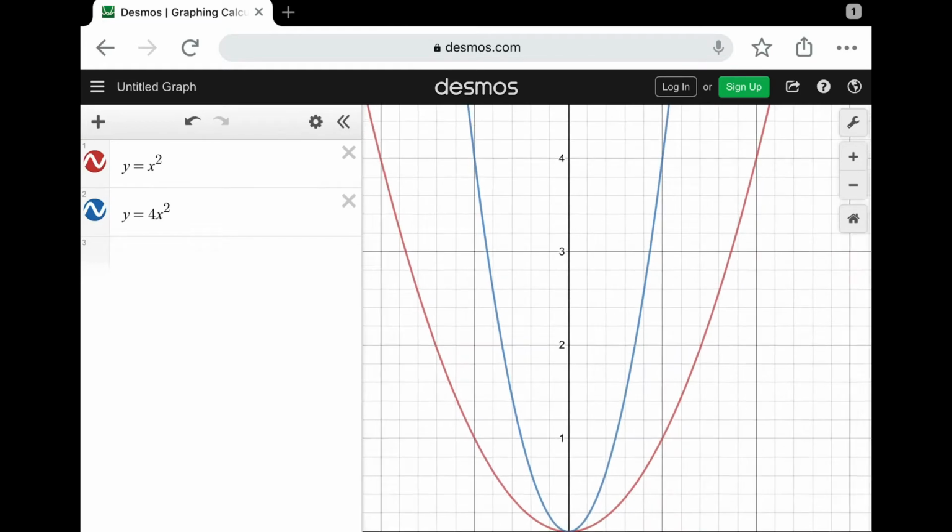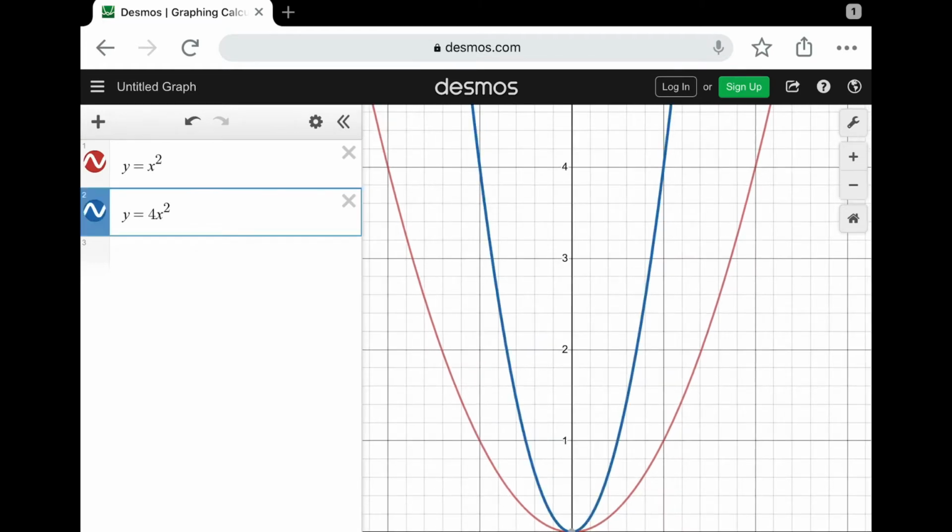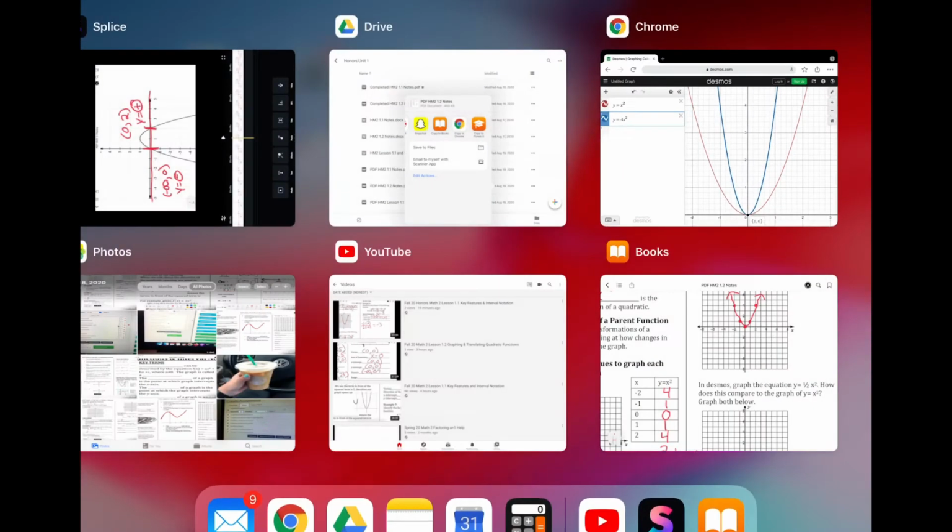Let's see some whole numbers that I can graph. So if I hit the blue graph on mine, it may be a different color on yours. Still have 0, 0. And if I drag my finger or drag my mouse over the graph, I get 1, 4. And another point that I can use is negative 1, 4.